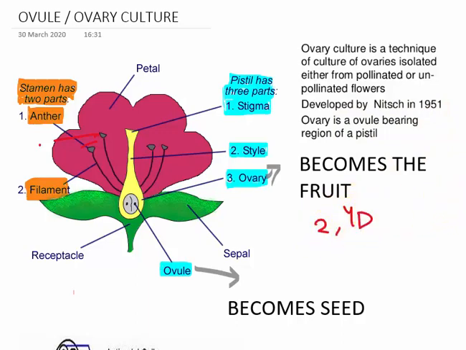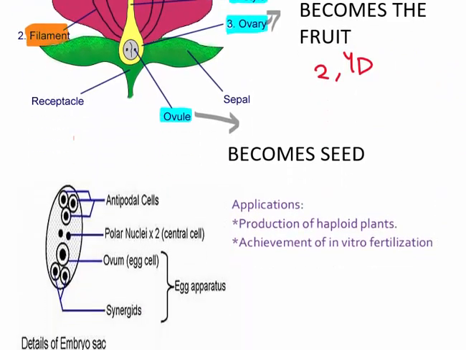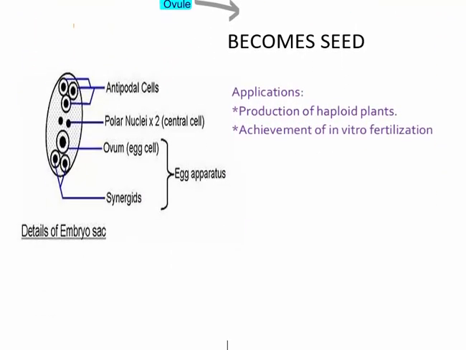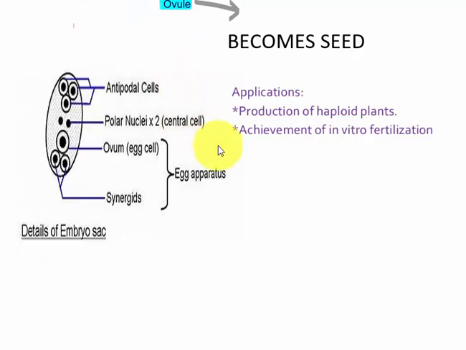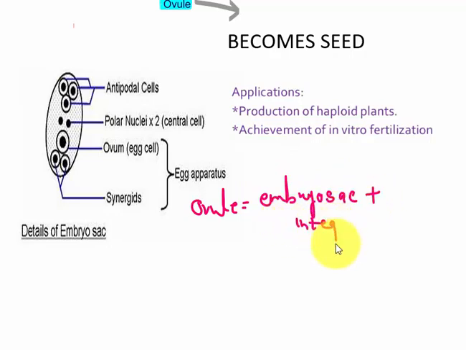So next is about the structure of the embryo sac. The ovule, you can see, the ovule is the embryo sac plus the integuments. Okay. So ovule is the embryo sac plus integuments.